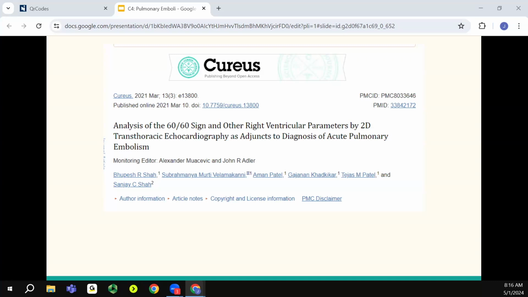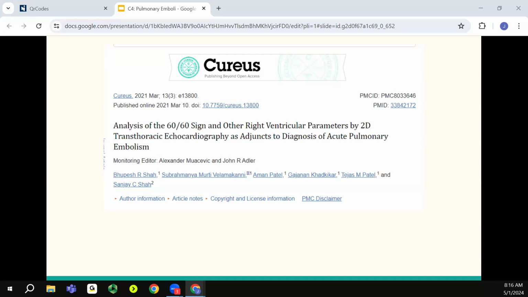The RV parameters that were evaluated were the pulmonary acceleration time with early systolic notching, the TR velocity maximal gradient of less than 60 millimeters of mercury, a TAPSE of less than 17, an RV S prime of less than 10. That's maybe not meaningful to the non-echo folks, but it's similar to a TAPSE. It's how well the free wall of the RV moves.